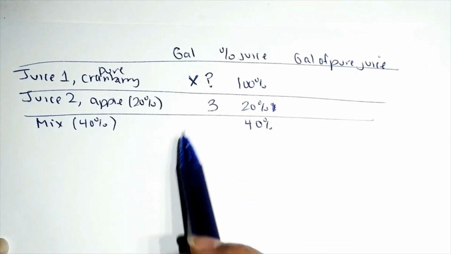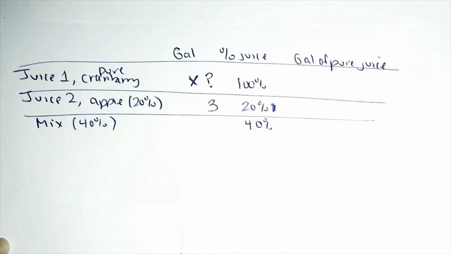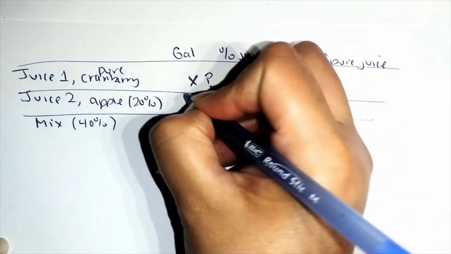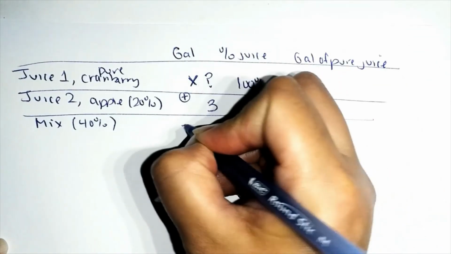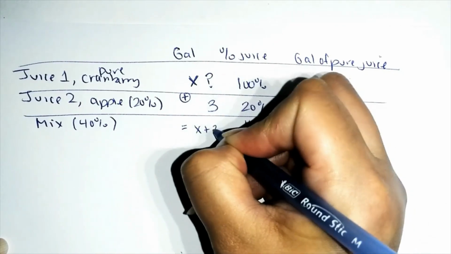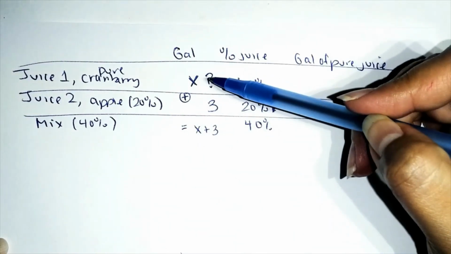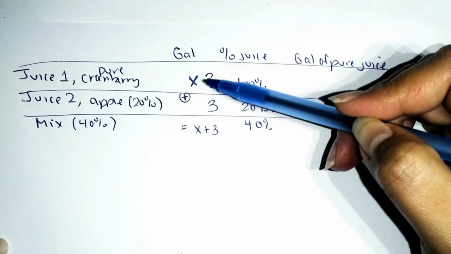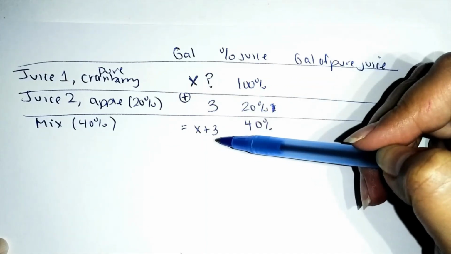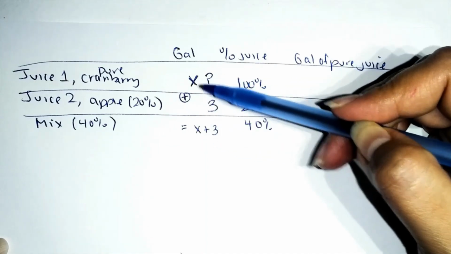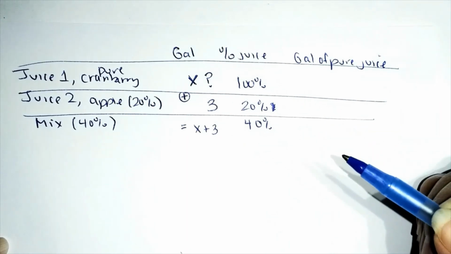If you have X in one and 3 in the other, you're gonna add the two, and X plus 3 gallons is the grand total in the mix.